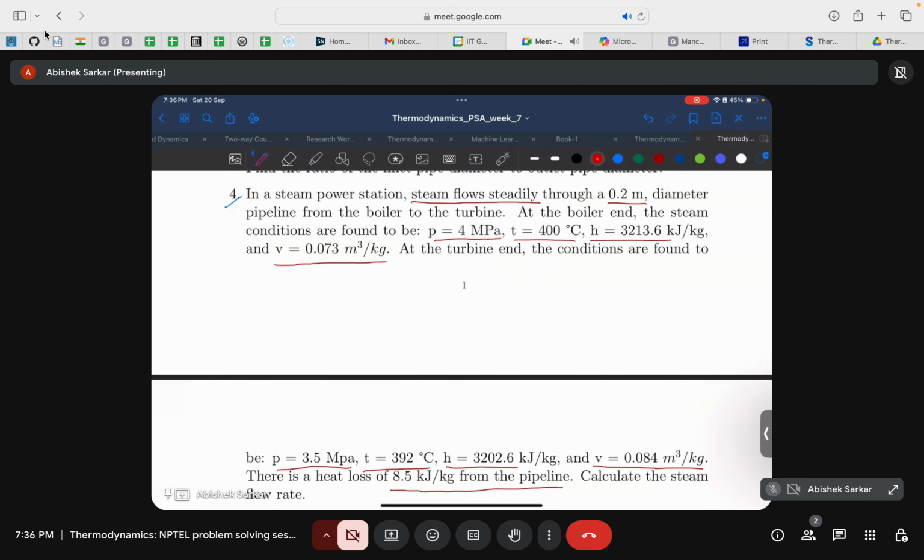Just at the inlet, and we have the specific volume. So I think we can use these two to one way or another find the mass flow rate. Let us see how we can handle it.